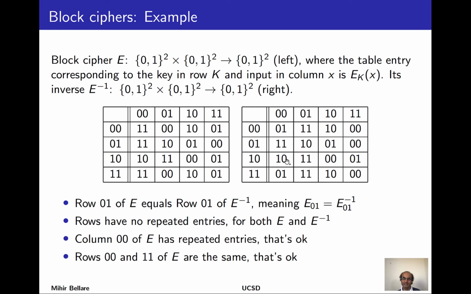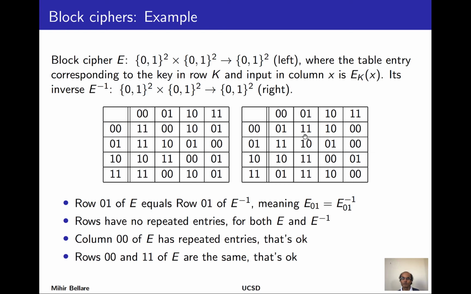This represents the inverse cipher. Here again, now these are the possible outputs, and these are again the possible keys. So how do we get this? Well, when the key is 0,0, what is the inverse of the point 0,0? Well, we see here that 0,0 arises from 0,1. So we put 0,1 here. 1,1 arises from input 0,0.